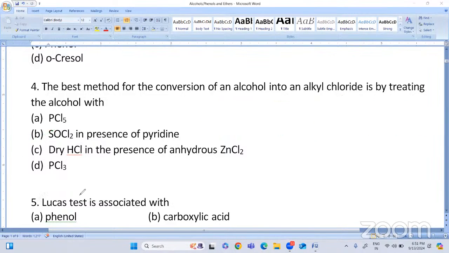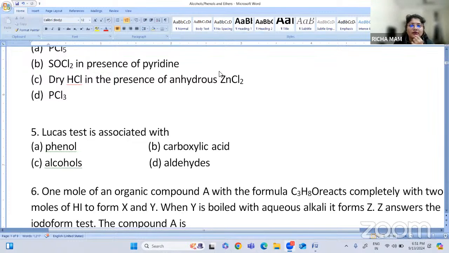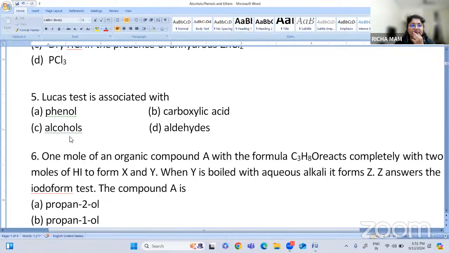Lucas test is associated with A, phenols, B, carboxylic acid, C, alcohols, and D, aldehydes.